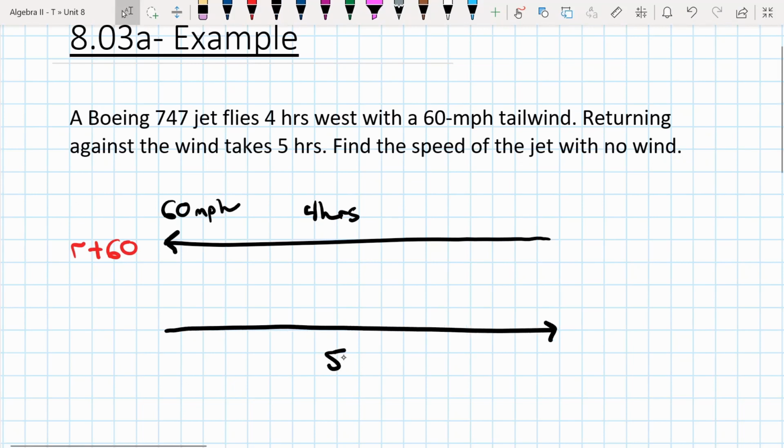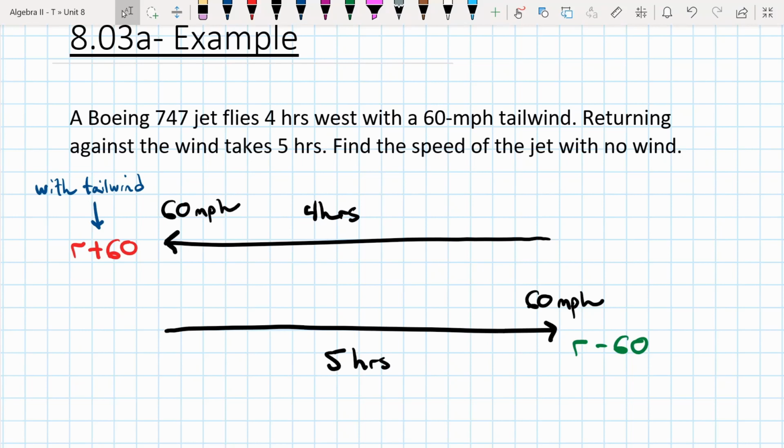So 5 hours, 60 miles per hour. And so the rate at which it's going into the wind is going to be r minus 60. It's going to be going slower. So this is with tailwind over here. And this over here in green is into headwind.